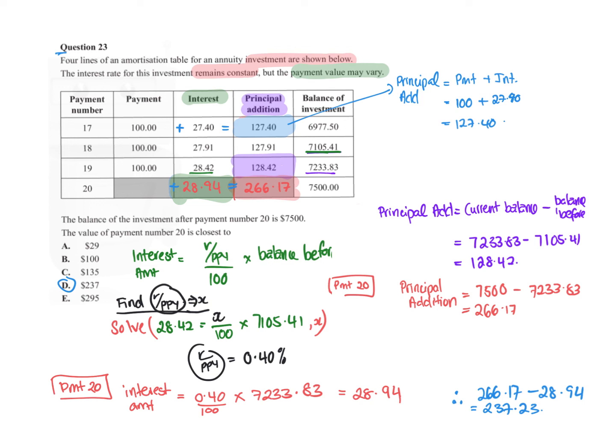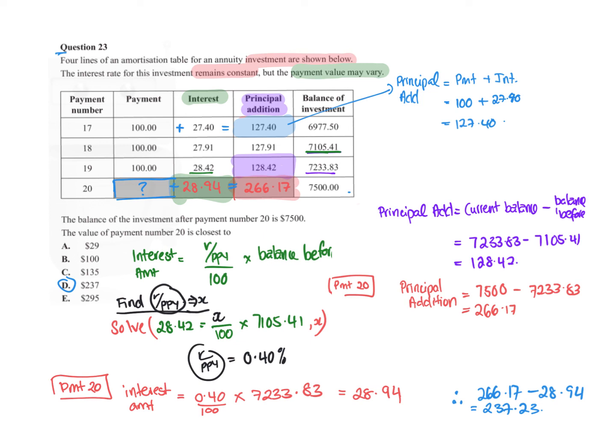When it says the balance of the investment after payment 20 is 7,500, we can see that. But they said find the value of payment 20. So obviously this one here is the big question. They've got the 100 there, but it obviously isn't that simple. It's not 100 because they also warned you that it may vary.